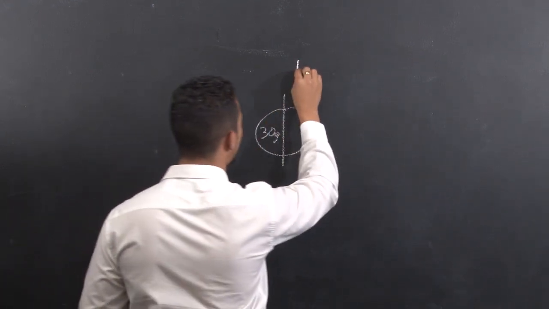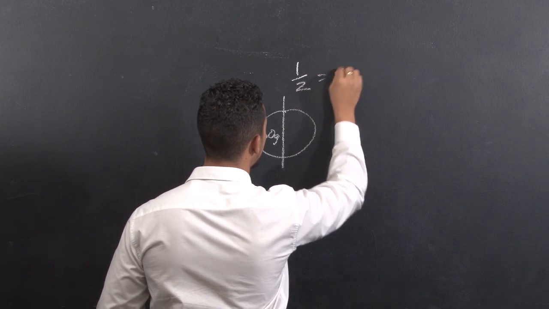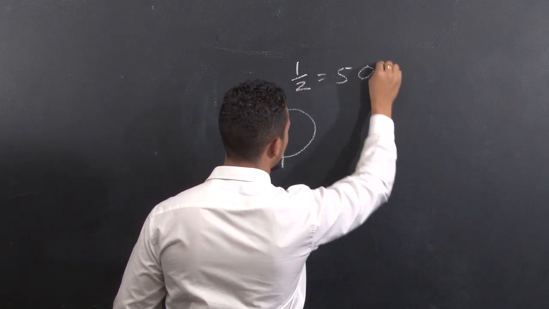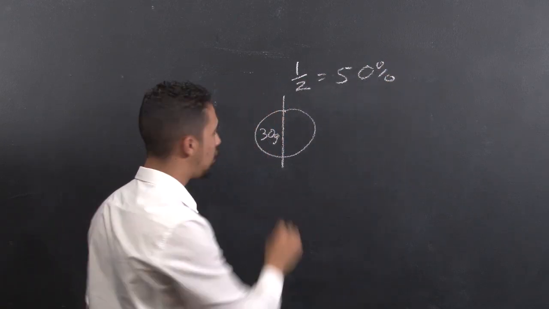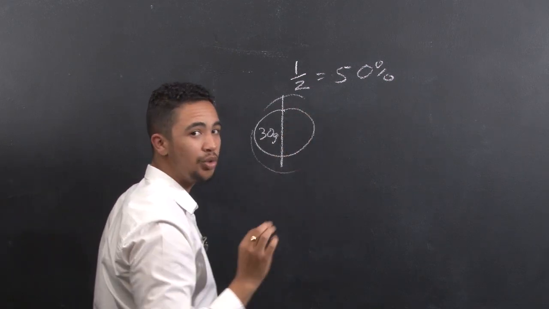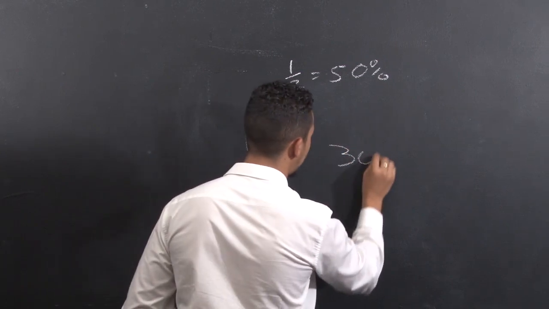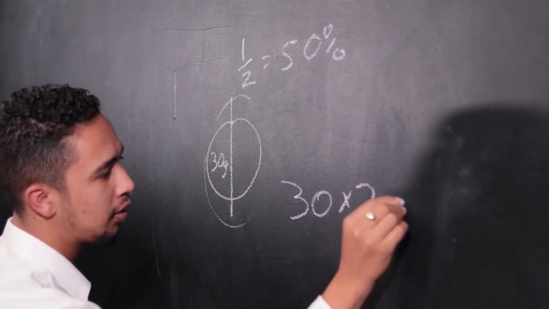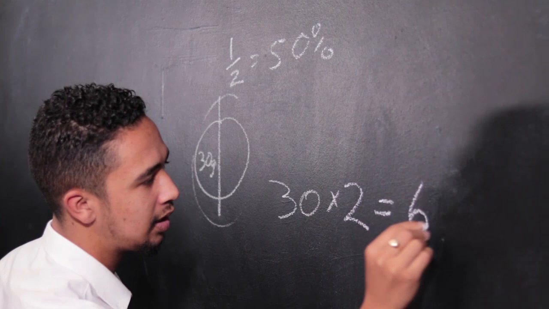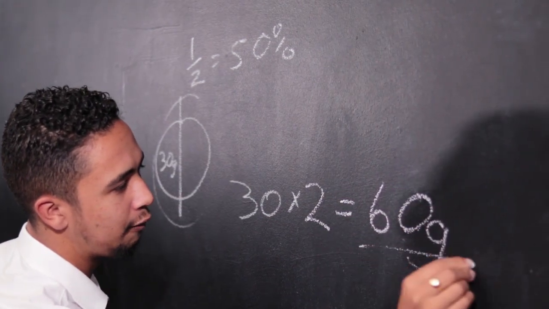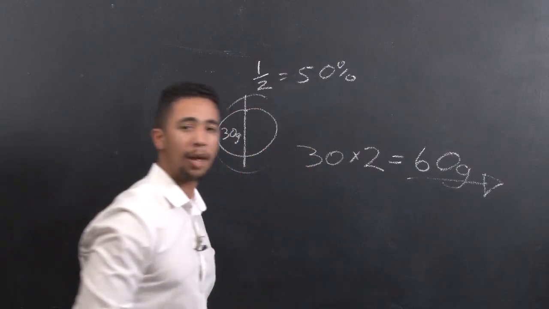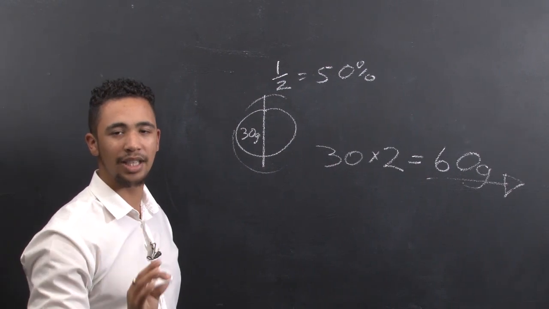Remember, half is 50%. We are looking for 100%. So we times the 30 by 2. That will give us 60 grams. Therefore, our whole cupcake is equal to 60 grams.